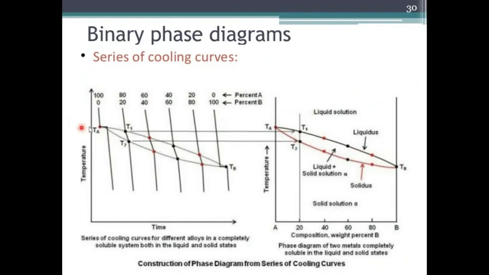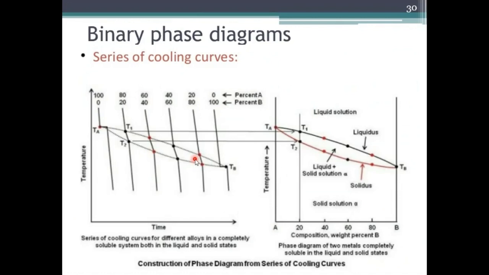So you continue drawing the cooling curves in a series, increasing the percentage of one and decreasing the percentage of the other, and then find the in-between portions where the slope changes drastically.